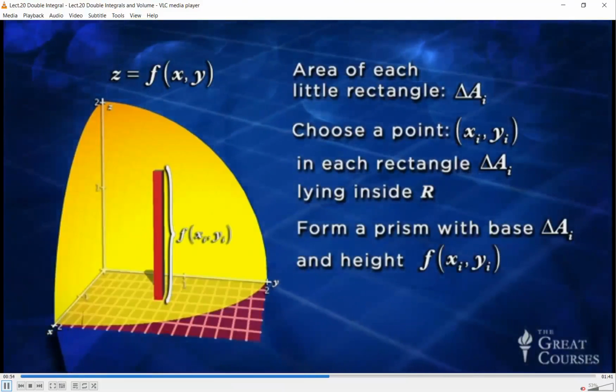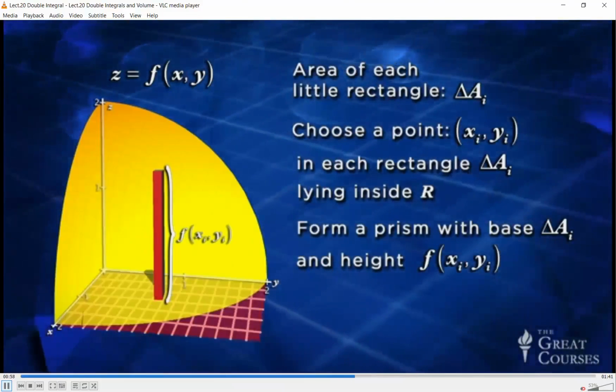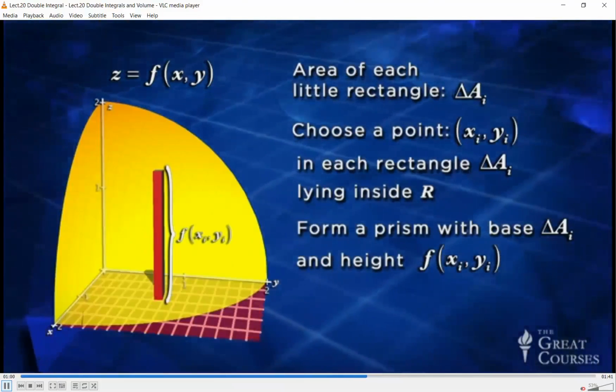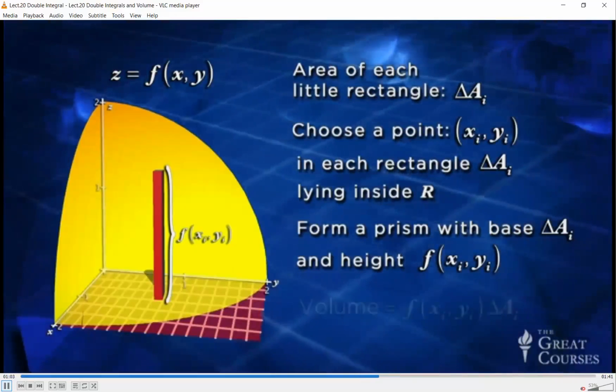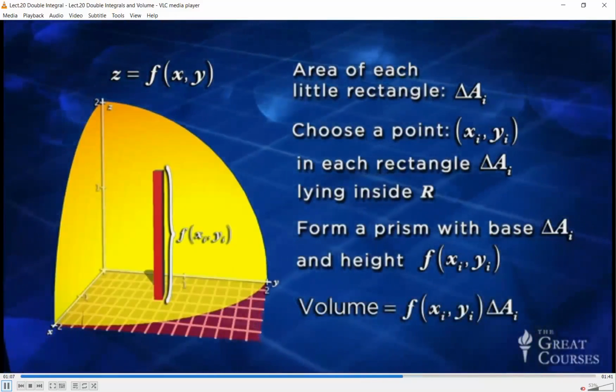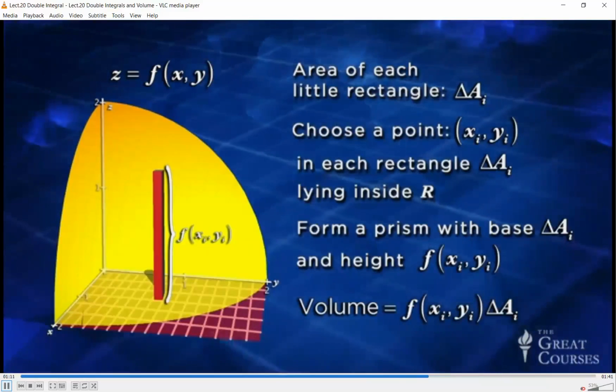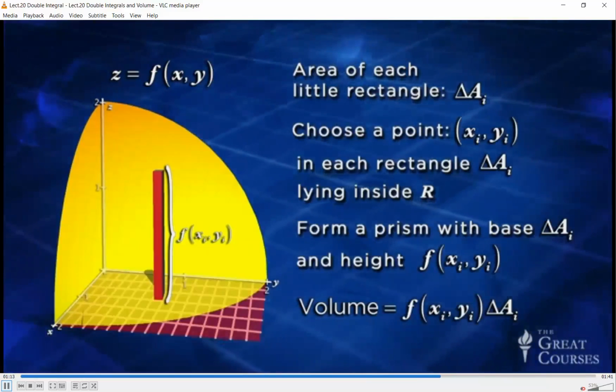Now what we're going to do, we're going to construct all of these prisms and add the volumes together using Riemann's sum. Very similar to what we learned in elementary calculus.